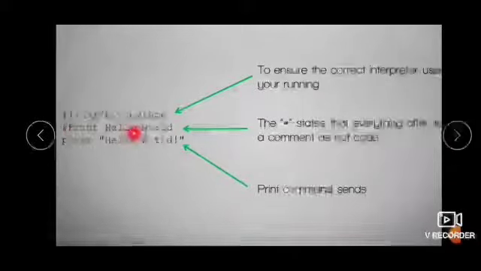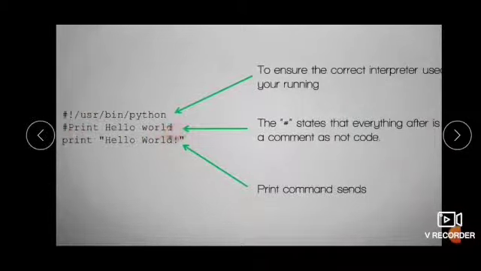Then we are writing a message, print hello world. You know that hash is used for writing comments, right? Whatever follows after the hash will become a comment. So now this is a comment which says the program is to print hello world, and this is the actual program code, only a single line. So here this line print hello world will print the message.